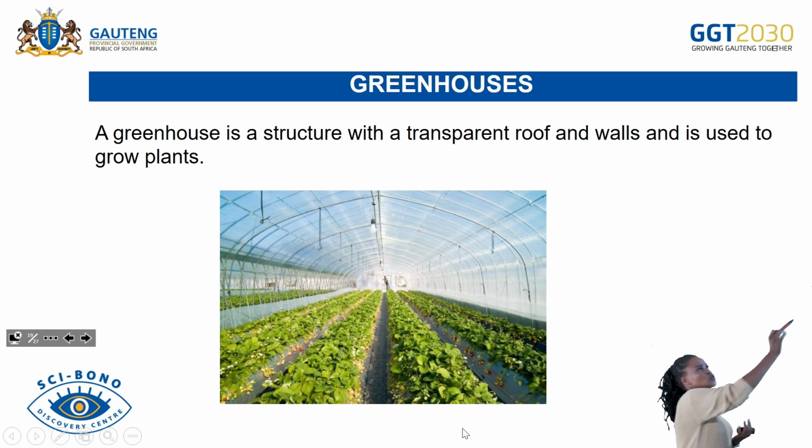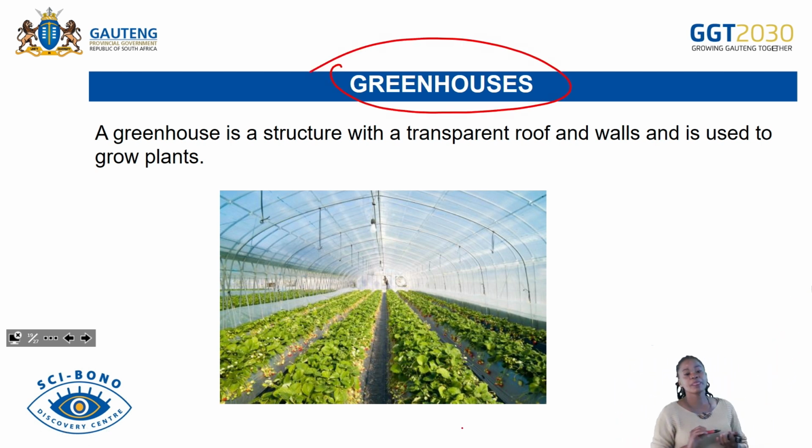So we'll look into the greenhouses now. So who can tell me what is meant by a greenhouse? What is a greenhouse? Or what are the greenhouses? Yes, baby girl.